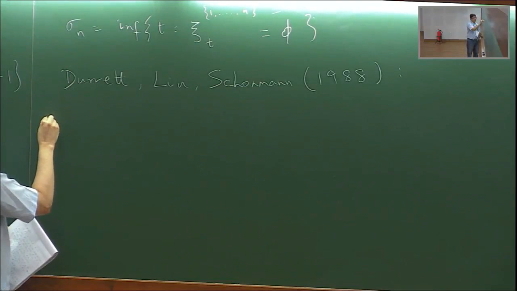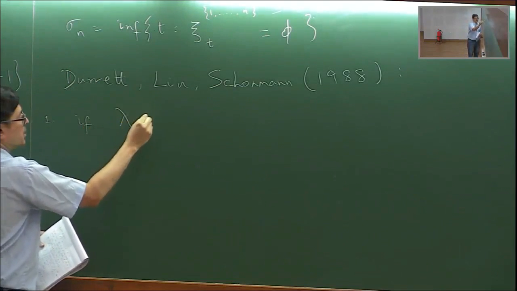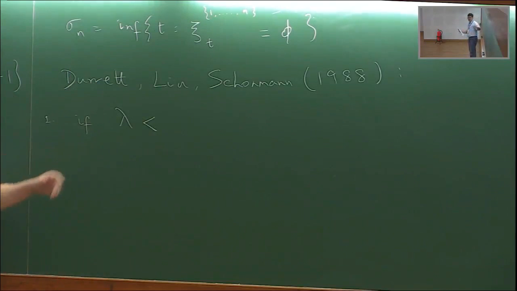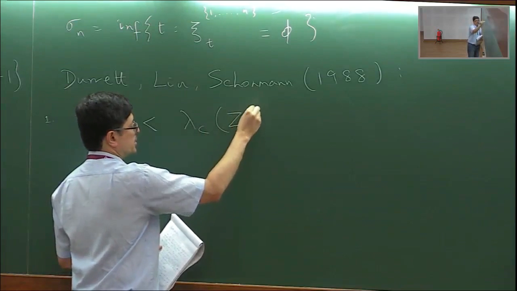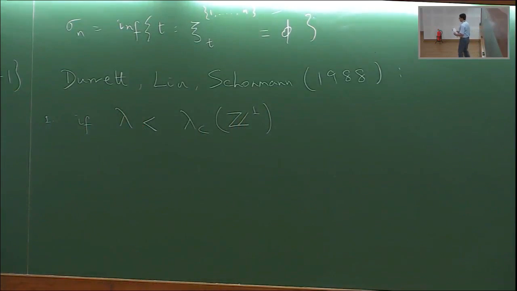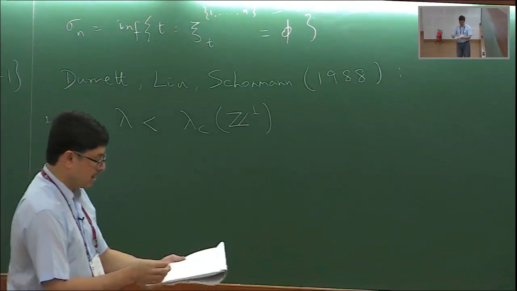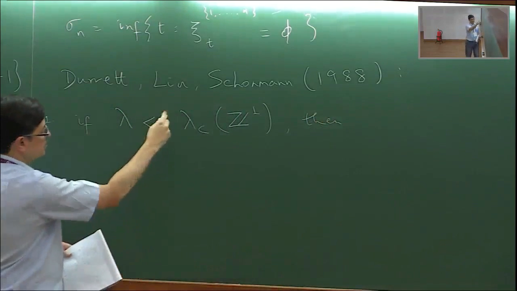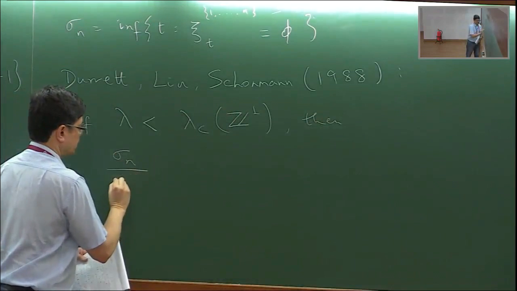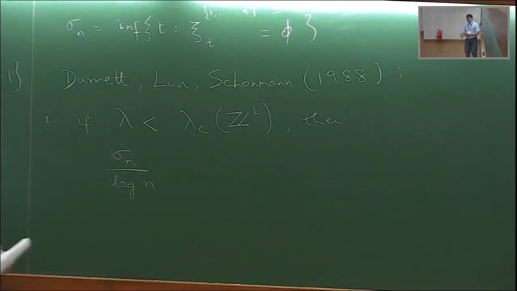If your infection rate lambda is smaller than lambda critical for Z^1, for the infinite one-dimensional lattice, in this case, the lifetime of the epidemic scales logarithmically in n, the number of vertices in your finite segment.